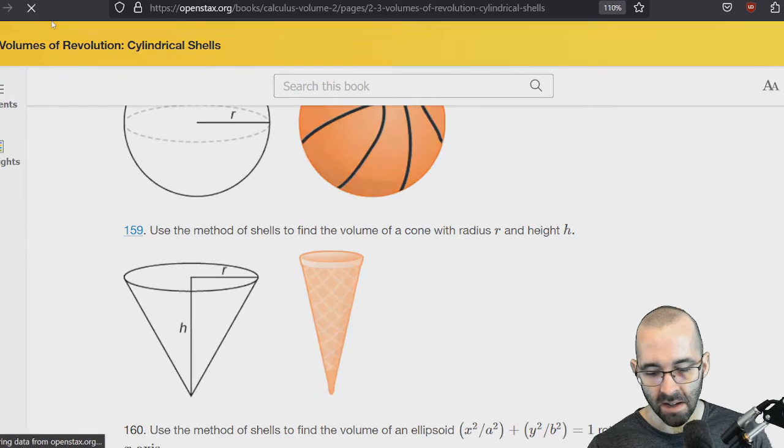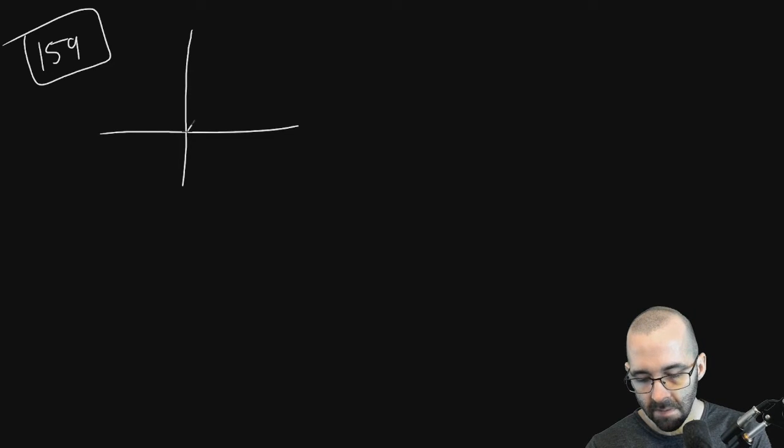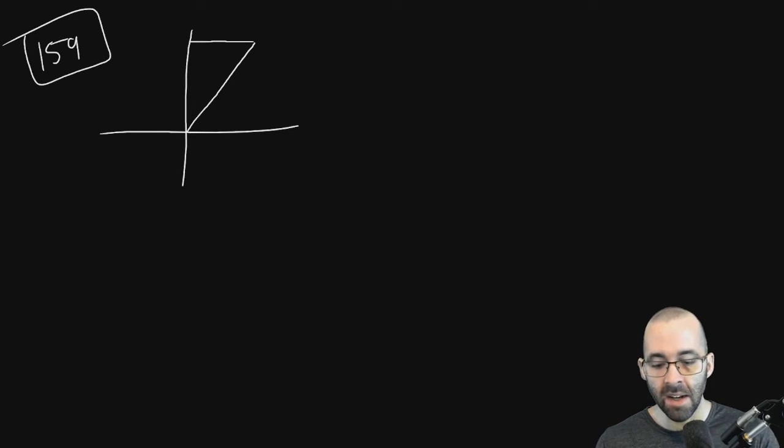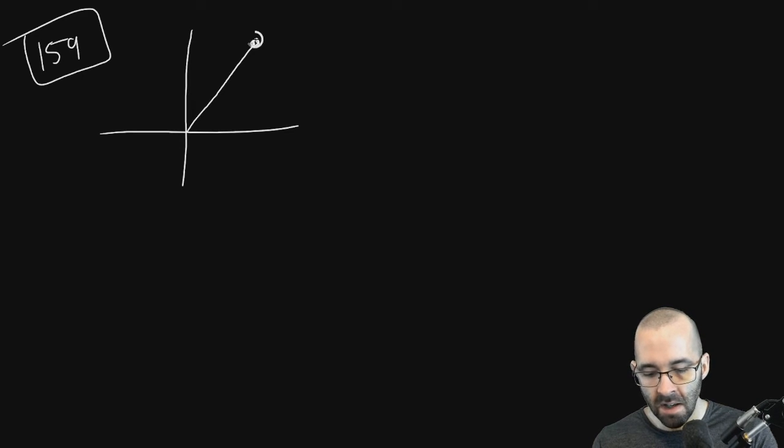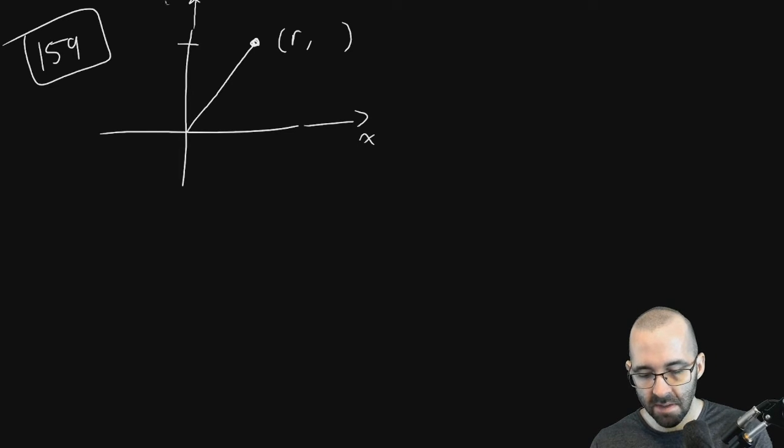So what is that line, in other words? Well, if this is the radius of the cone, this distance r, then this has to be the point r, comma something. Let's have r, again, this will be our x-axis, this is our y-axis.